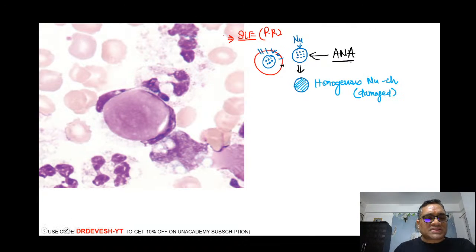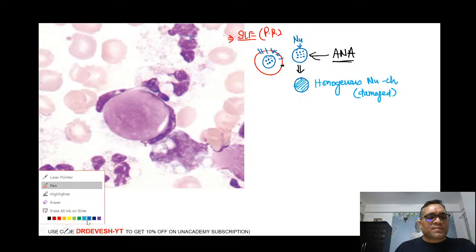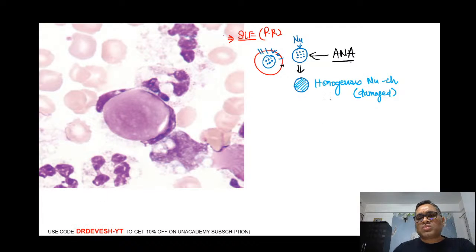So this homogeneous damaged nuclear chromatin, can you tell me the name of this structure? What is this called? This is called as LE body. Remember, this nucleus is called as LE body, or also known as hematoxylin body.